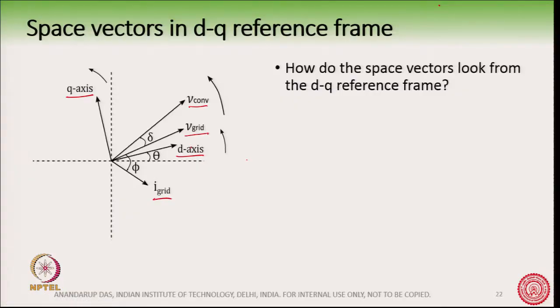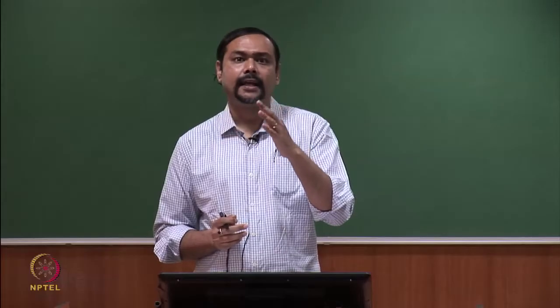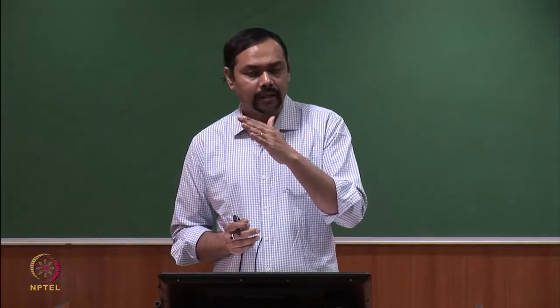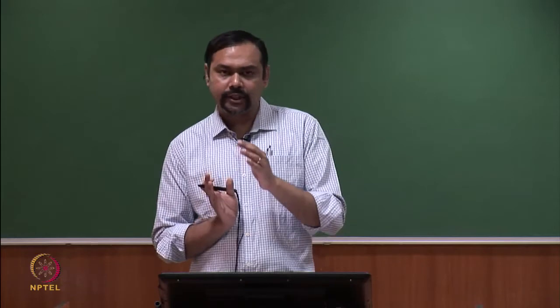So we first find out the position and the speed of the grid voltage space vector, and in the DQ transformation the theta is aligned with the grid voltage space vector. Then both of them get aligned with each other.